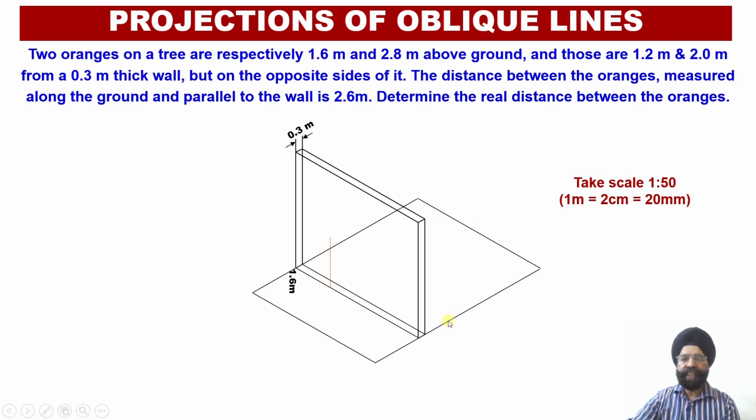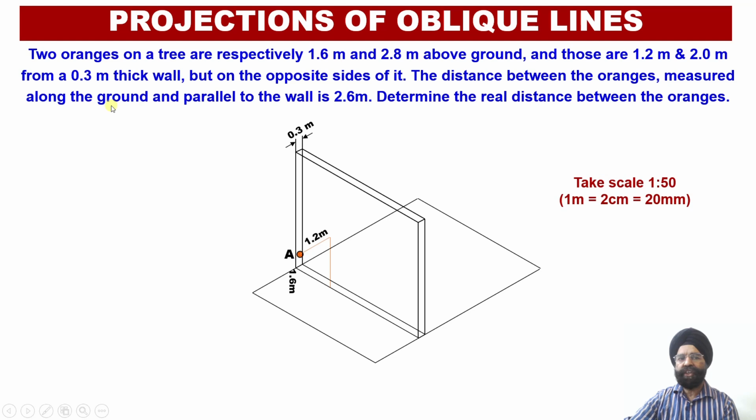This is the front view projection of this situation, and we can see that the location of orange number 1, the first orange, is at a height of 1.6 meters above the ground and 1.2 meters on the left side of this particular wall.